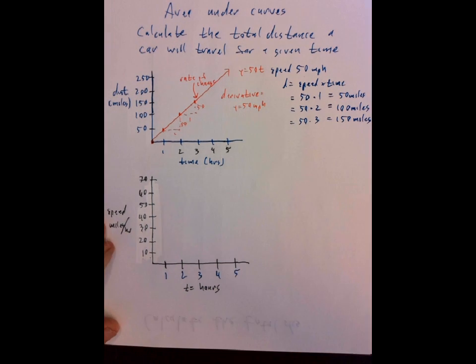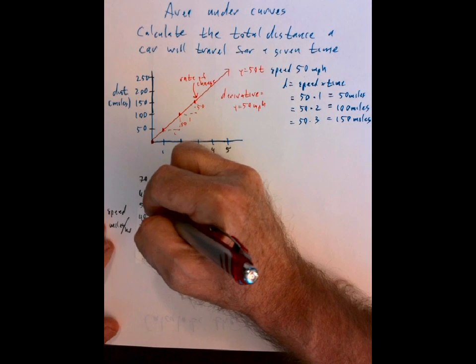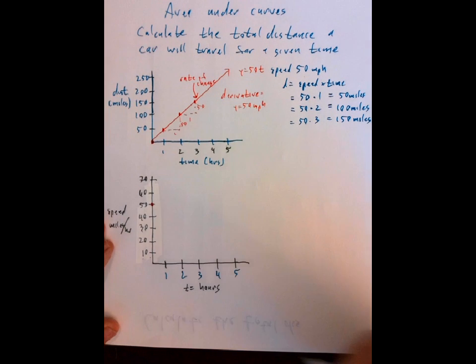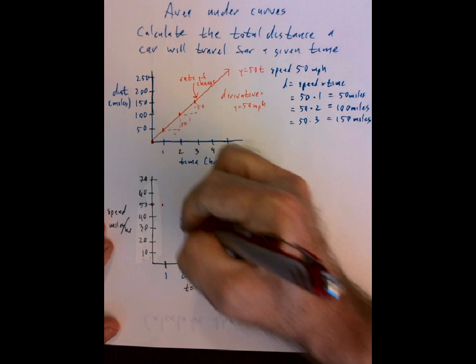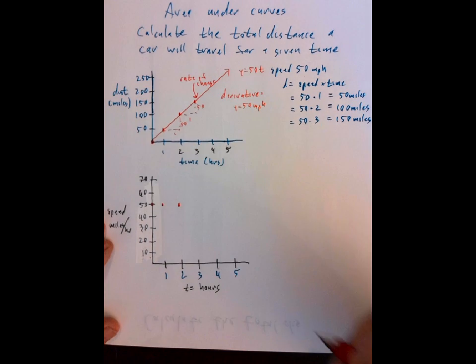Well, the speed is always 50 miles an hour. So at time equals 0, presuming that we're starting the clock, t equals 0, at a point when the car is already going 50 miles an hour. Okay, so the speed is 50 miles an hour at 0 hours. At 1 hour, it's 50. After 2 hours, it's still going 50.